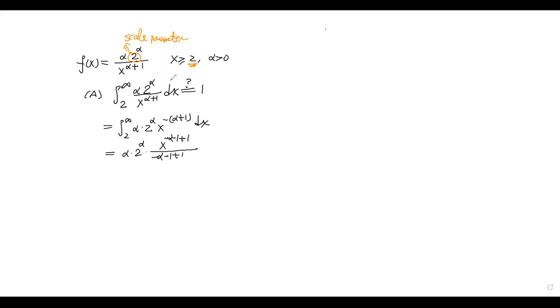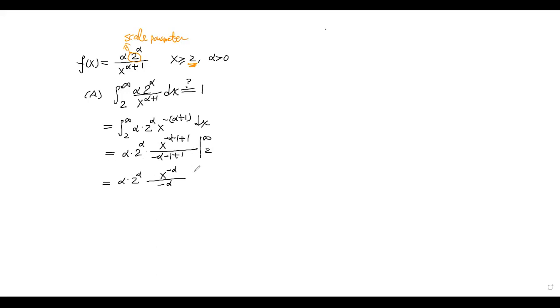The limits are from 2 to infinity. So let's continue. This is alpha times 2 to the alpha, and this will just be x to the negative alpha over negative alpha.